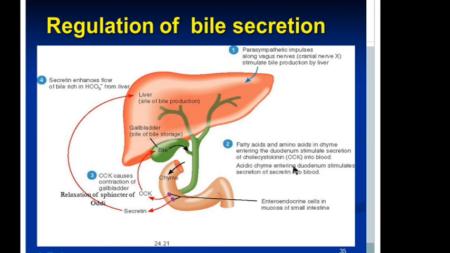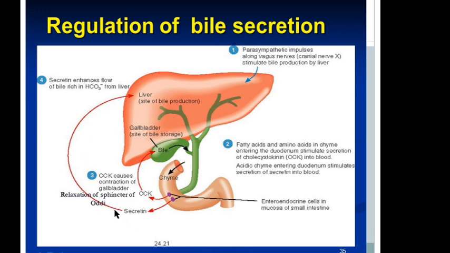And when acidic chyme enters the duodenum, it stimulates the secretion of secretin. When fatty acid or amino acid enters the duodenum, there is secretion of cholecystokinin. When acidic chyme enters the duodenum, there is secretion of secretin. Secretin stimulates the liver to secrete bile. So what is this secretin called?